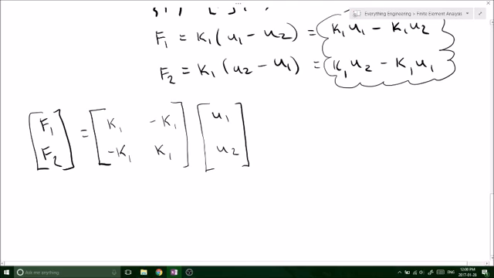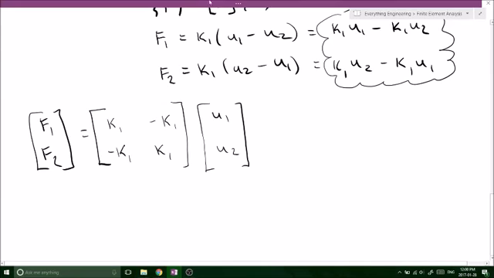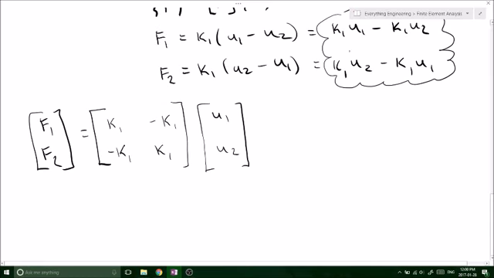So if we did this matrix multiplication, we will get those two equations for F1 and F2, right? Because U1 times positive K1 will give us this, plus U2 times negative K1 will give us this, and so forth.